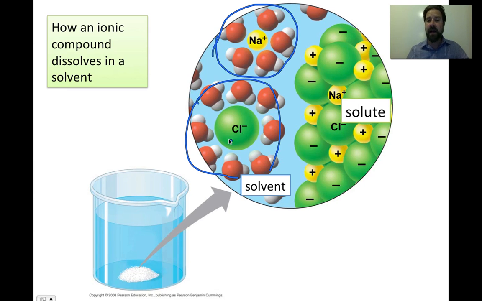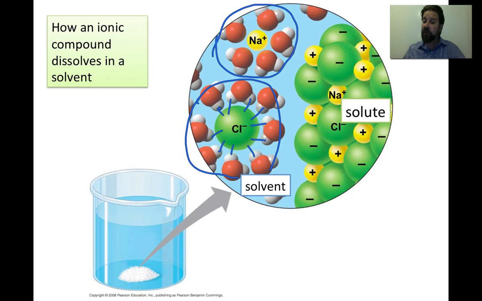This is a chloride ion, this is a sodium ion. And you'll notice that there is a special type of arrangement when one of these gets pulled off. Notice there's a connection between all of the white parts of these water molecules here and the chlorine. Why is that? Well, chlorine is negative in charge, and these white parts, these are the hydrogens of water, and they have a partial positive charge.